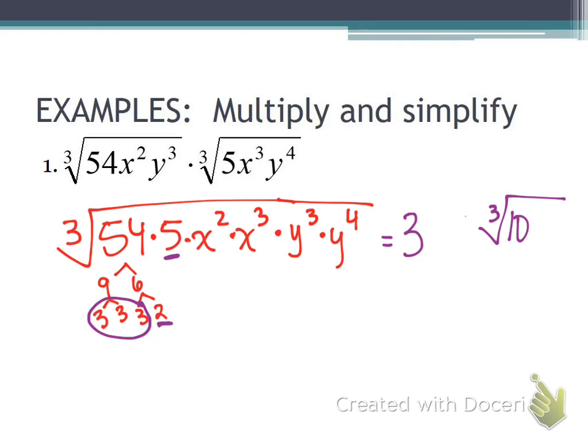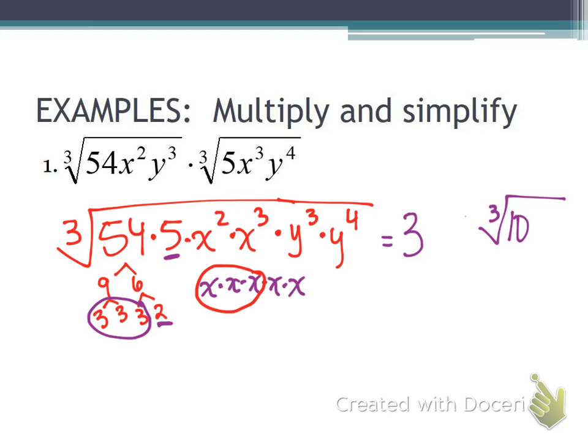Next, we go to the x's. Again, we're looking for groups of 3. If you need to write out all 5 of your x's, you can do that. 1, 2, 3, 4, 5. You don't have to, but we're looking for groups of 3. How many groups of 3 do we have? 1 group of 3, and how many left over? 2.